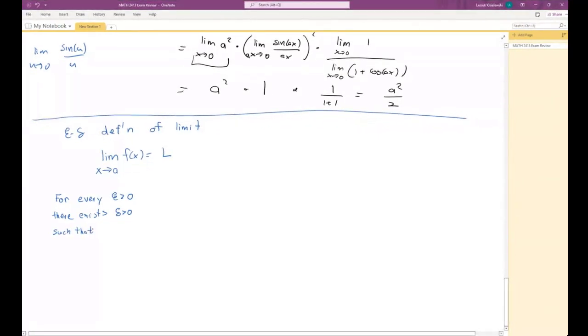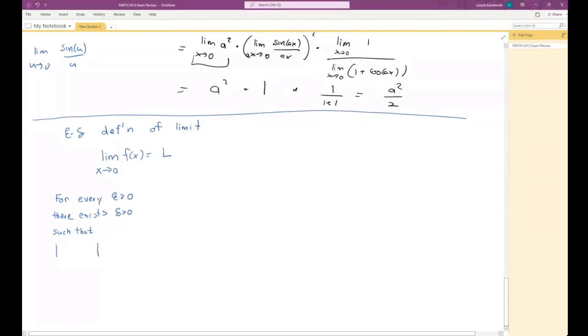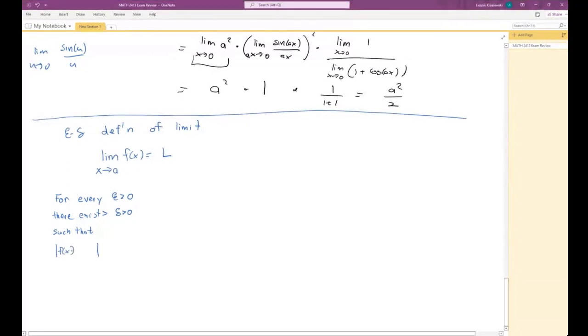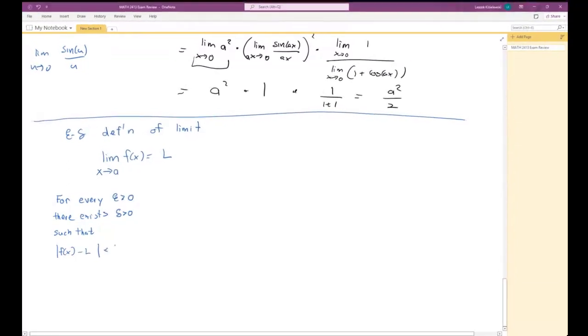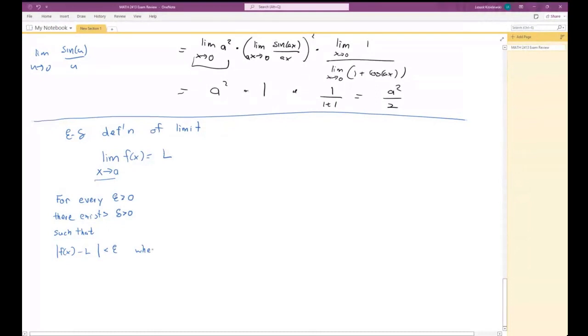For any x in the domain of your function, maybe I should write that, maybe not, ask your professor, but for x in the domain of your function, we have that the distance, right? So the absolute value is, or the mature way to read that is distance, right? The distance between your function at x minus the supposed limit is small, it's epsilon small, whenever x is close enough to a. Right?